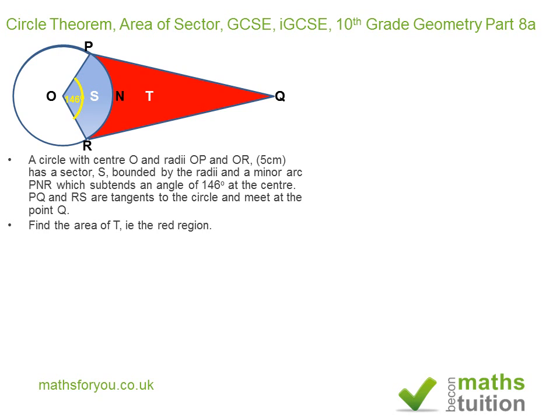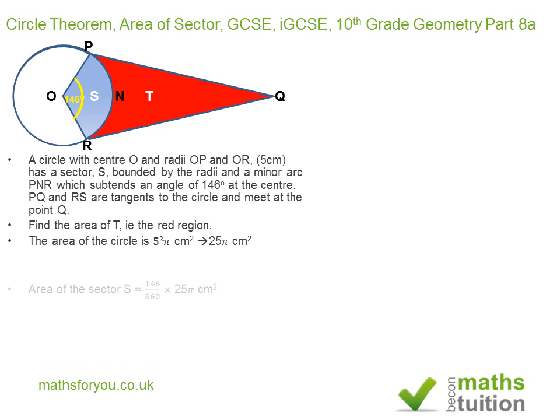Okay, right. To begin with, we need to find the area of the circle, which we know is pi r squared. For that you get no marks at all because you're supposed to know that already. So the area of this circle is 25 pi, because 5 times 5 is 25. And the area of this sector depends on the value of the angle subtended at the center by the arc PR, and that's 146.